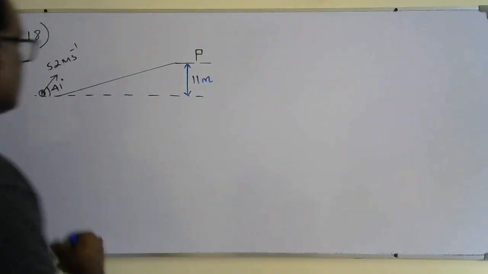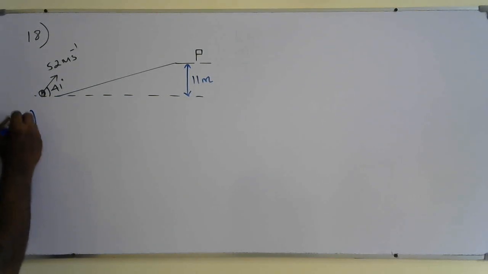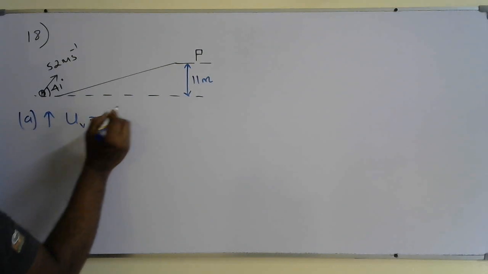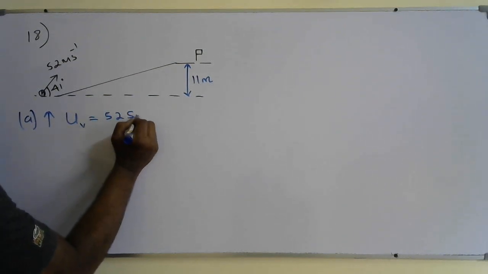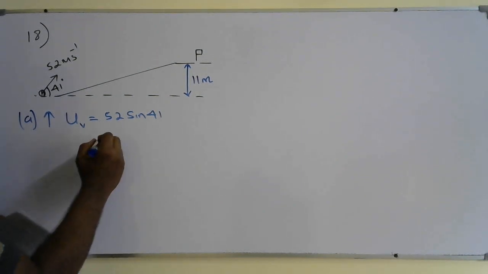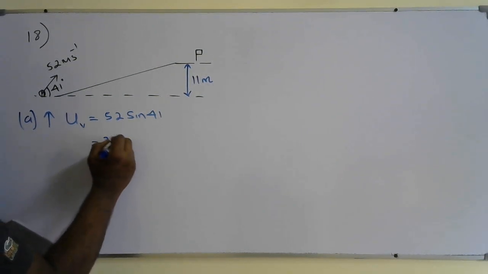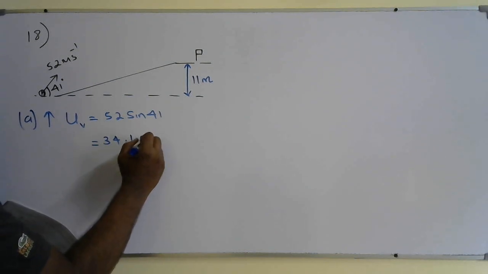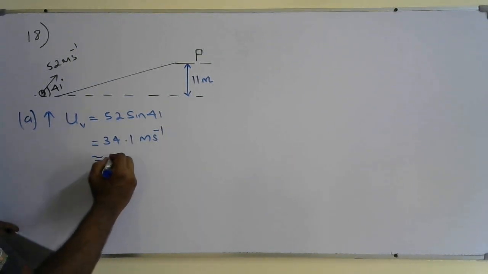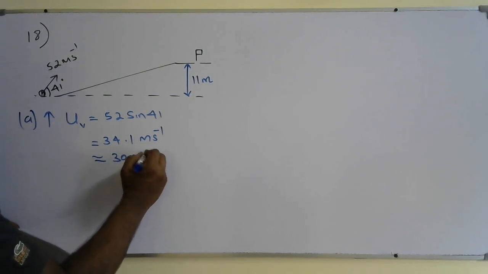So that's nothing. For part A, the initial vertical velocity, I can say u_v, v stands for vertical, is 52 sin 41. You will get 34.1 meters per second. They ask to show that it is about 30, so we'll say approximately 30 meters per second.